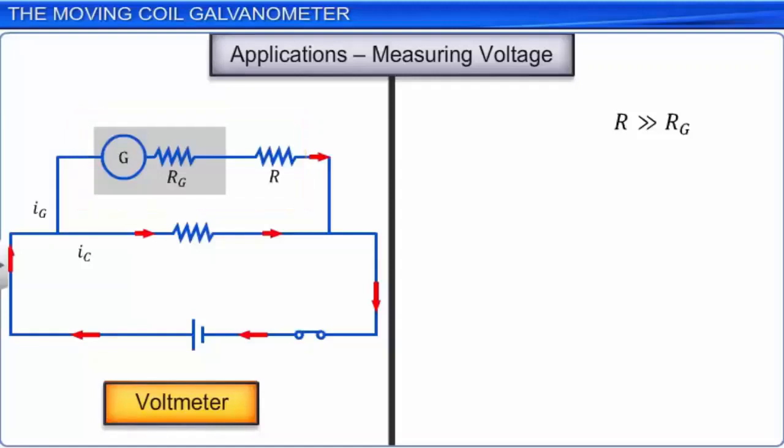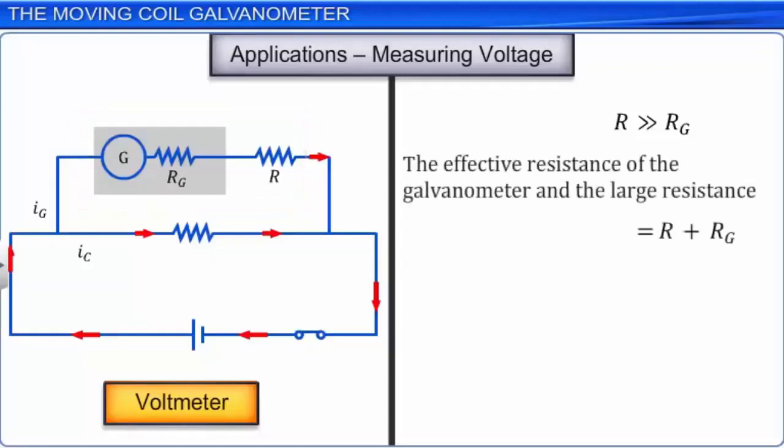The effective resistance of the galvanometer and the large resistance is equal to R plus Rg. As the resistance R is very much greater than the resistance of the galvanometer, Rg, the effective resistance is approximately equal to R. Hence, a galvanometer can be converted into a voltmeter by connecting a large resistance in series.